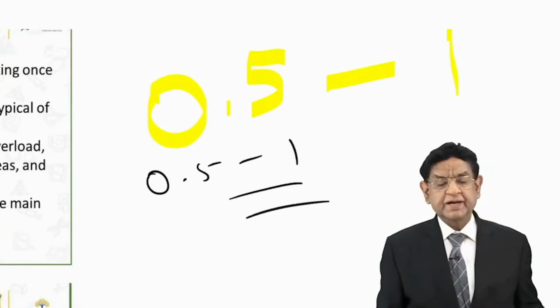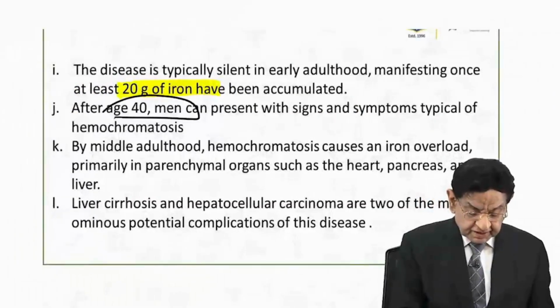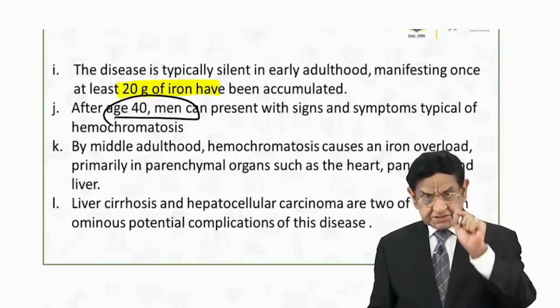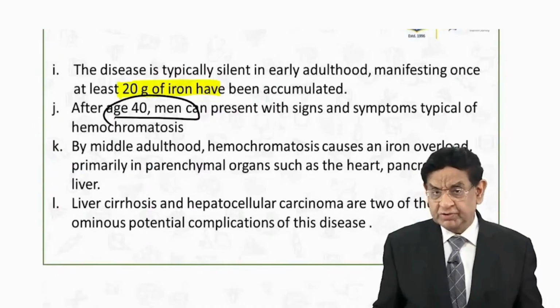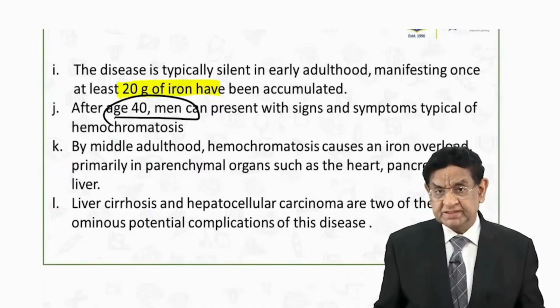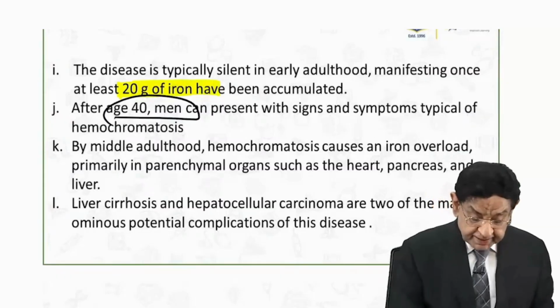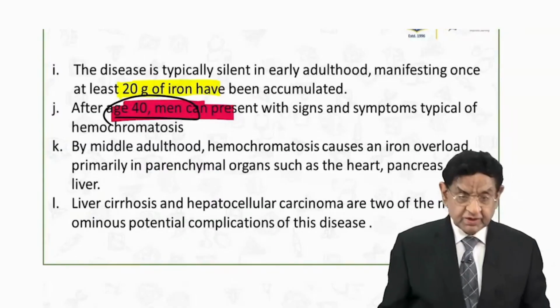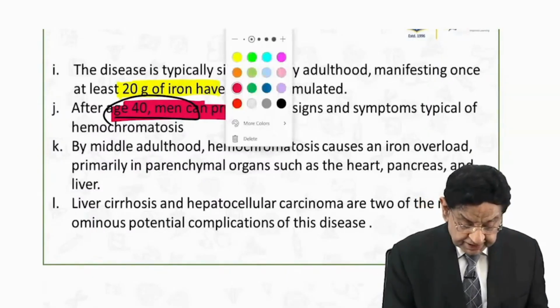So that's why they present only at the age of around 40 years. This is the reason they do not manifest in the child, although it's an autosomal recessive disorder. So only a 40-year-old male. Now you know the reason why I'm focusing on the 40-year age.